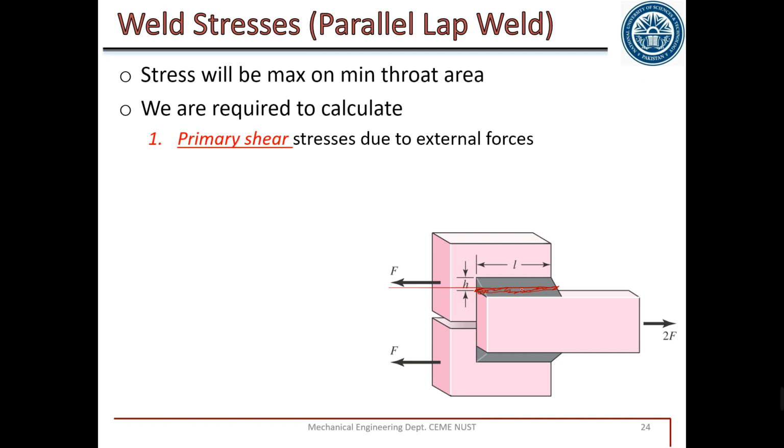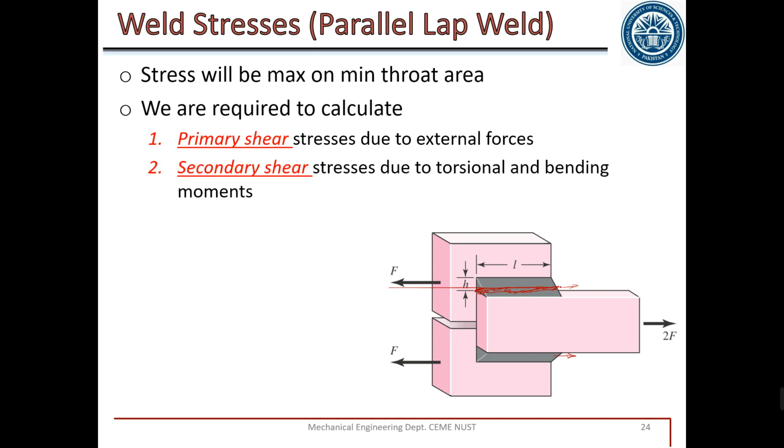Due to this force, there is one force component here and similarly one force component acting here. So this is the primary shear component. Secondary shear component: there is a possibility that due to this force, this joint can fail due to bending or due to shear, and in both of these cases the second component will be different.